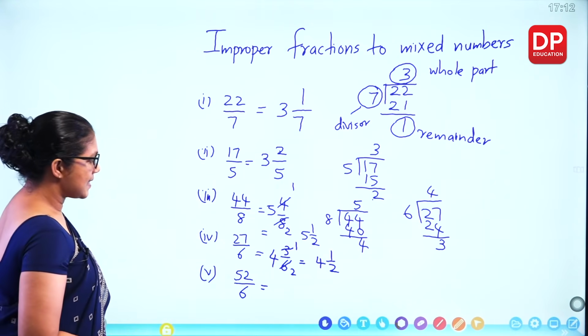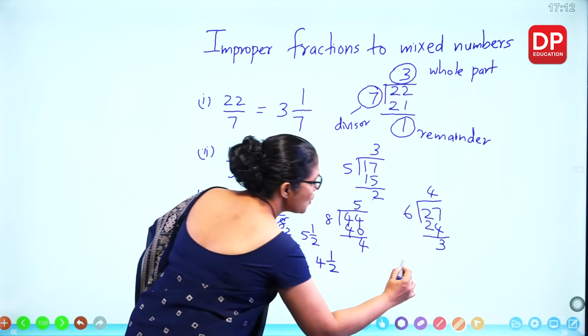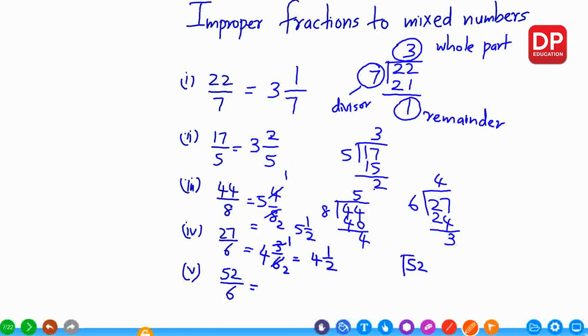What about this one? 52 divided by 6. Again, long division. 6 times 8, 48. 4 remaining. How can we write it down? 8 parts are there. 4 remaining out of 6.